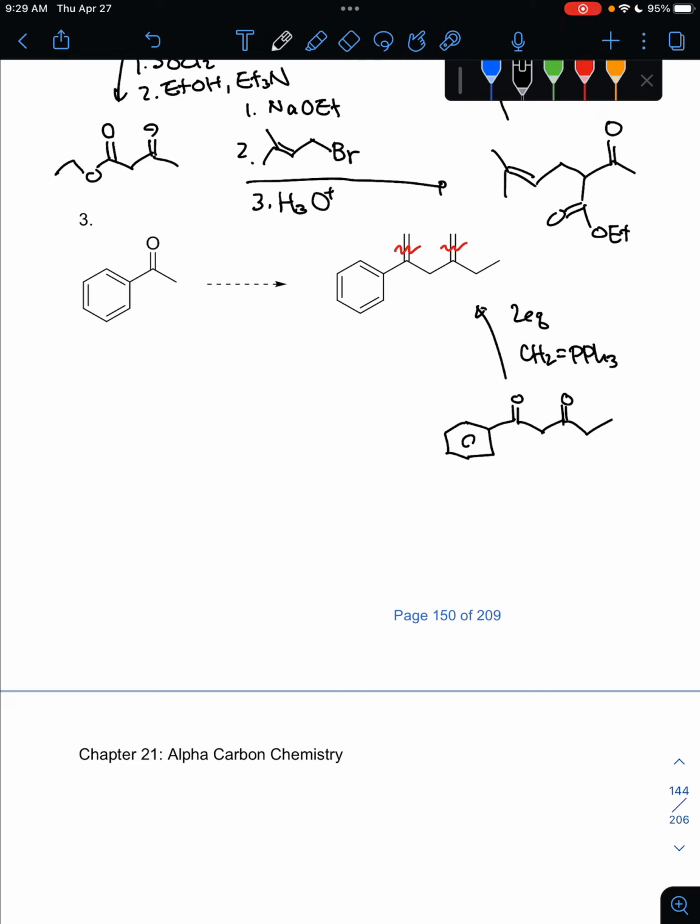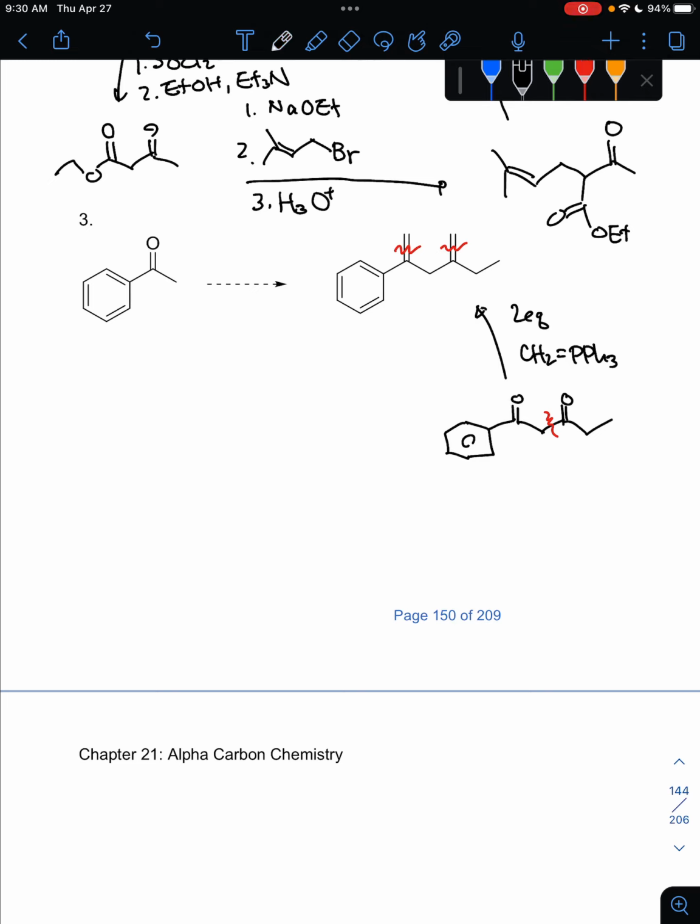I immediately want you to be thinking about Claisen condensation of some sort when we do this. One way to do this would be to dissect right here.